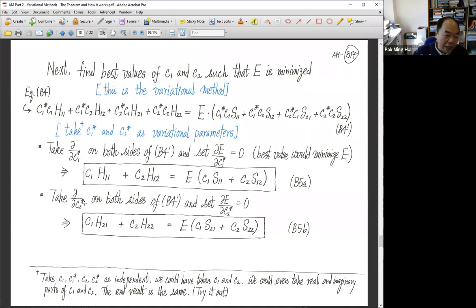You have 4, I can interchange it with other 4, C1, C1 star, C2, C2 star. 4 to 4, fair. Now I'm claiming if I only do C1 star, C2 star, I get 2 equations. I encourage you to try C1, C2. You will get 2 other equations. But that set of equations is just this set of equations with everything taken complex. So the 2 sets of equations are identical.